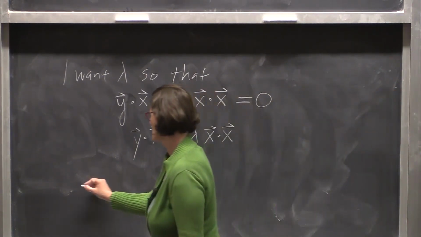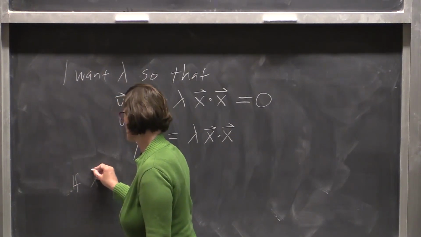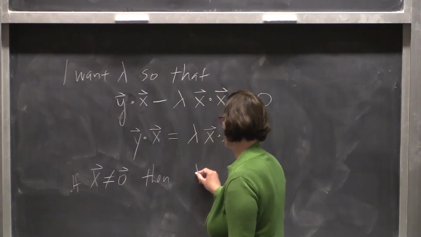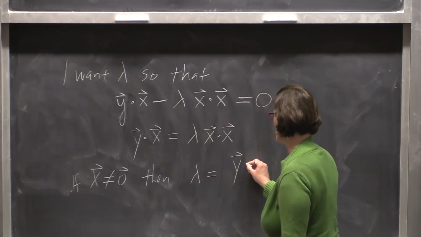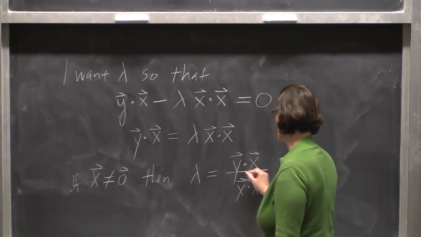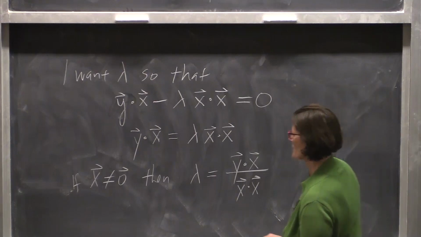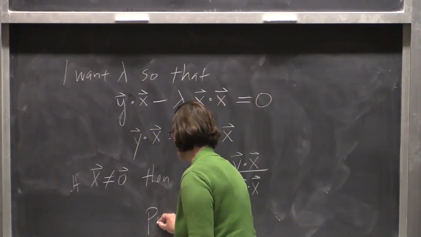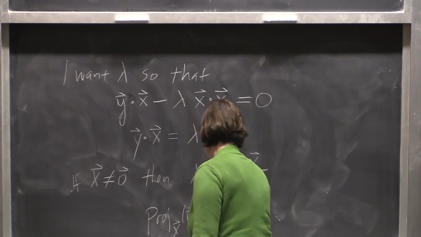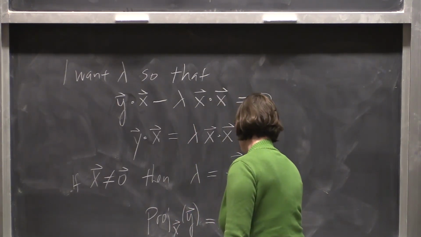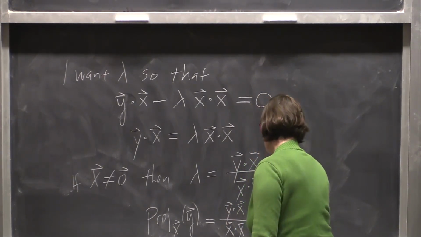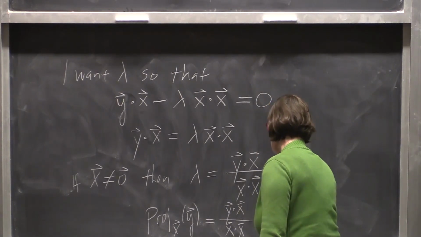So that means if x is not the 0 vector, then lambda is equal to y dot x divided by x dot x. And I have just figured out that the projection onto x of y is equal to y dot x divided by x dot x times the vector x.